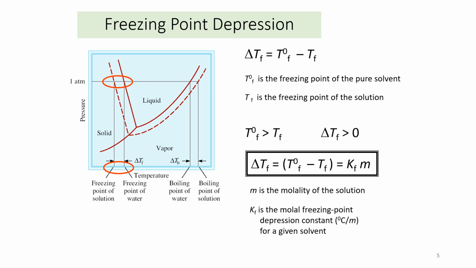From this formula, we can see that T naught f is greater than Tf and delta Tf must be greater than 0. Delta Tf is also given by the formula equal to Kf times m. m is the molality of the solution and Kf is the molal freezing point depression constant for a given solvent. When we get the delta Tf value, we can calculate the molar mass of a solute by using this formula.